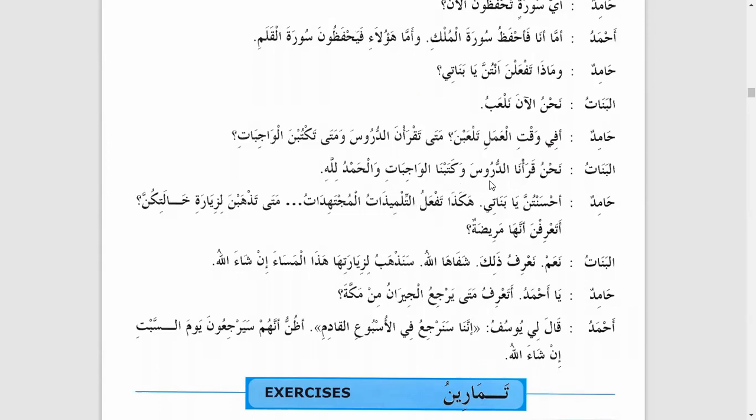So قرأنا الدروس, we read our lessons. وكتبنا الواجبات والحمد لله, and we have written our homework, and praise be to Allah.